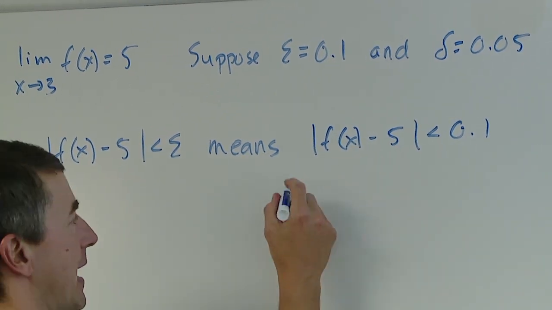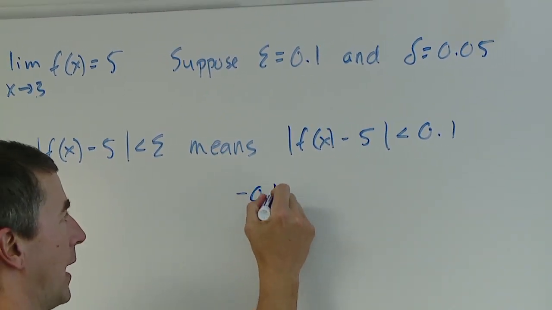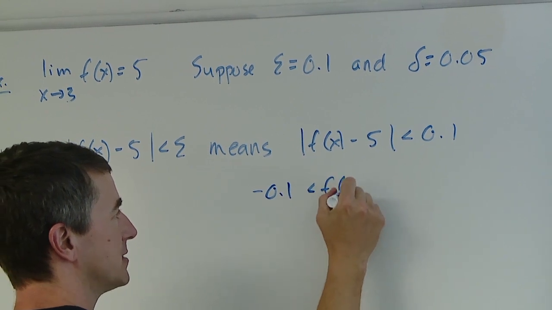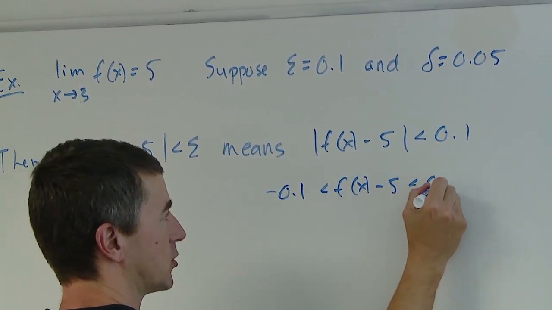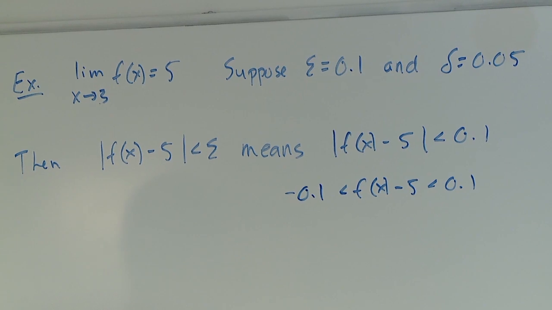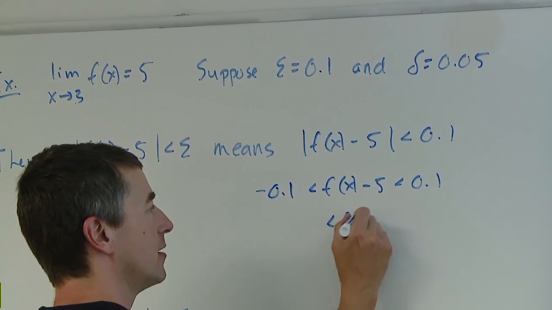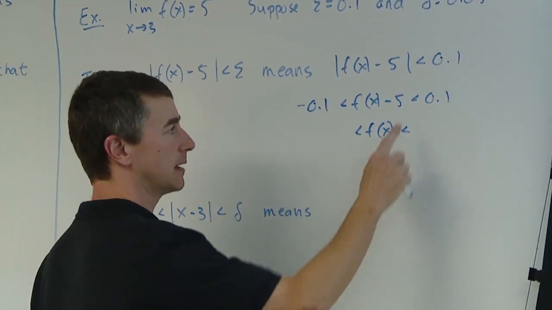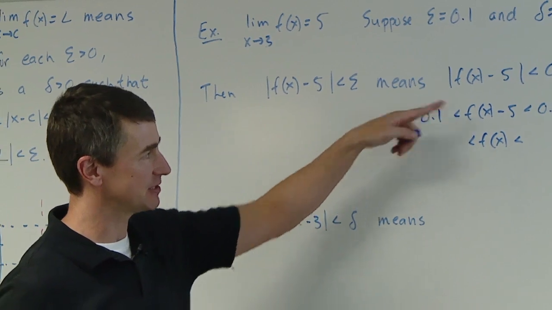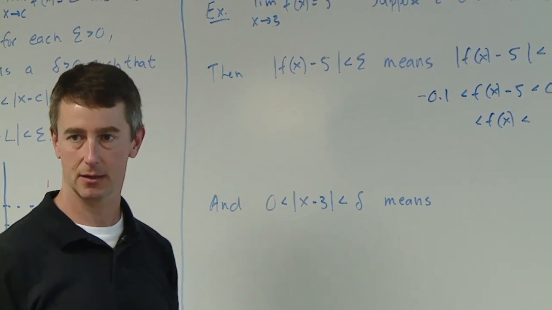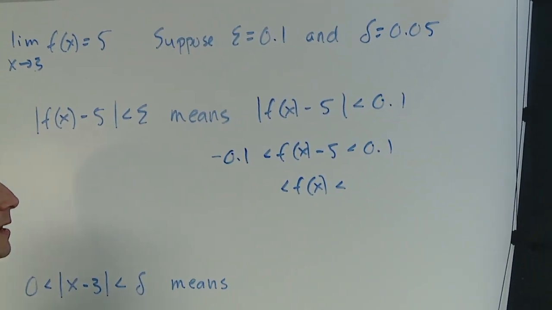So this is the same as saying negative 0.1 is less than f of x minus 5 is less than 0.1. Do you agree? That's what absolute value means. So let's see what that means about f of x. If I try to solve for f of x, I just need to add 5 to each of these three parts, right? So what will I get when I add 5 over here?